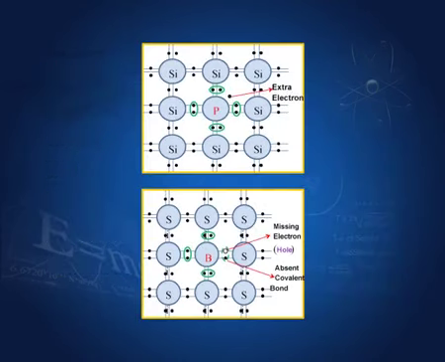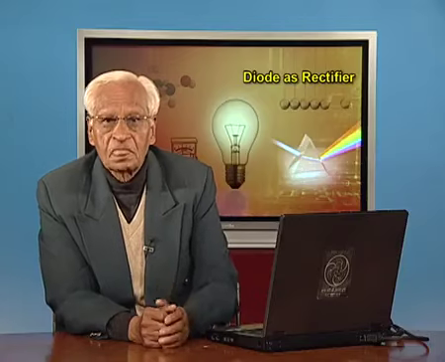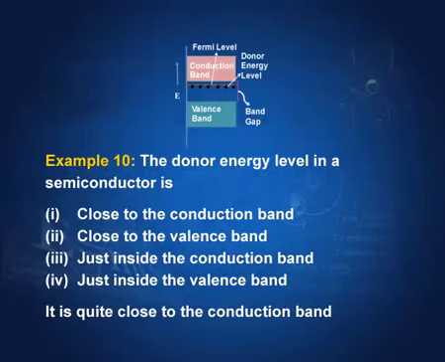Here again, just to remind you, here is a pentavalent impurity phosphorus, and the 4 electrons of phosphorus are bound to the 4 electrons of silicon in covalent bonds. They cannot move, but one of the electrons is free. That is why I said the phosphorus donates an electron to the crystal, and this electron is more or less free to move, and therefore, the donor energy level is near the conduction band.